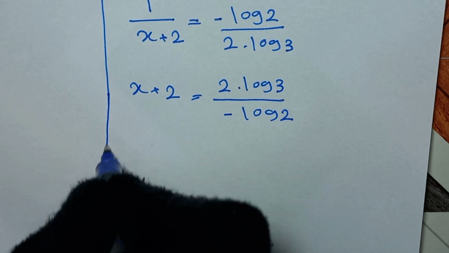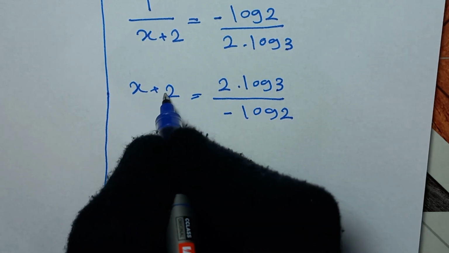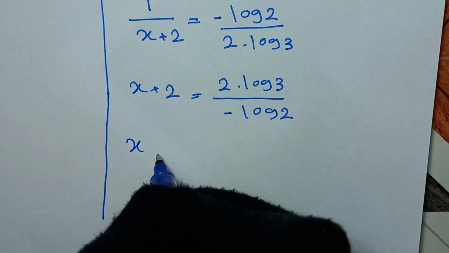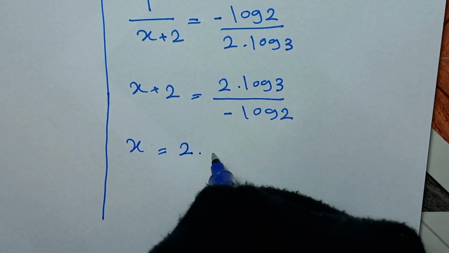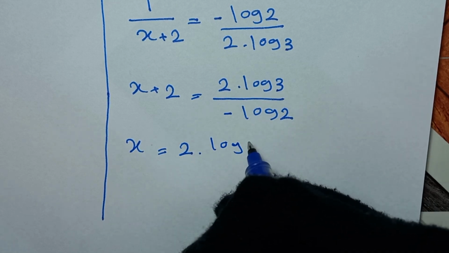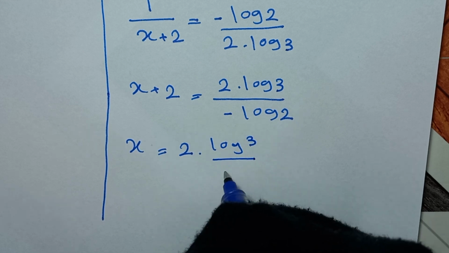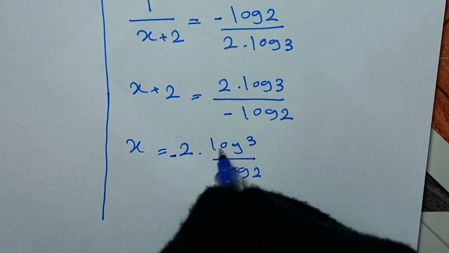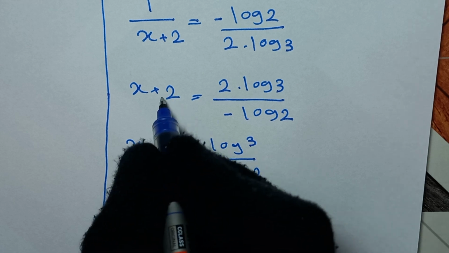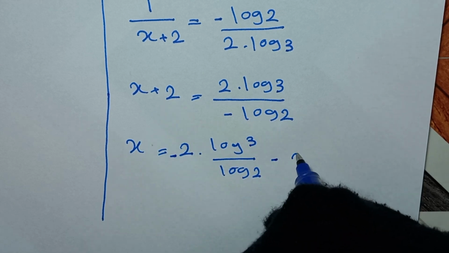And in the next step, we take this 2 to this side, and it will be x is equal to, here we can write this as 2 times log of 3 over log of 2. Here we have negative, so we write negative 2 times log of 3 over log of 2, and we take this 2 to this side, and it will be negative 2, right?